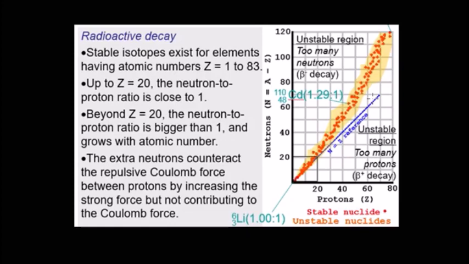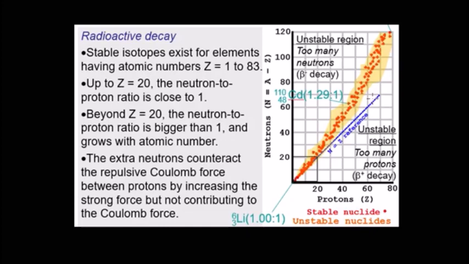And so when you get too many protons together, the coulombic force eventually takes over because the protons on the outer edge are outside of the effective range of the strong force.